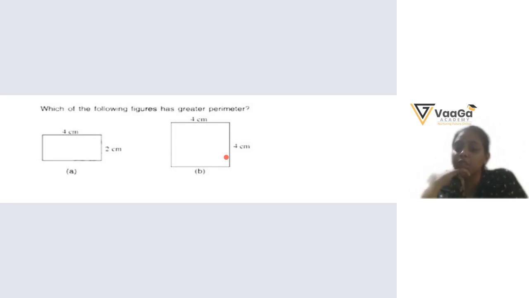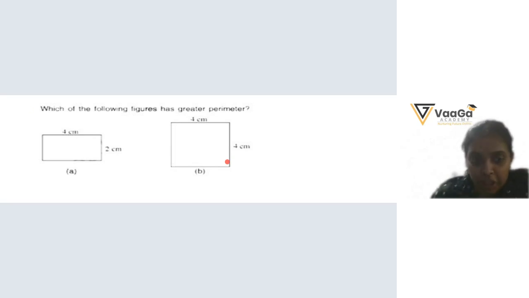What's it coming out to be? 16 centimeters. And what about the rectangle? 12 centimeters. And what about the area? Which one will have a larger area? I think the square. Very good.